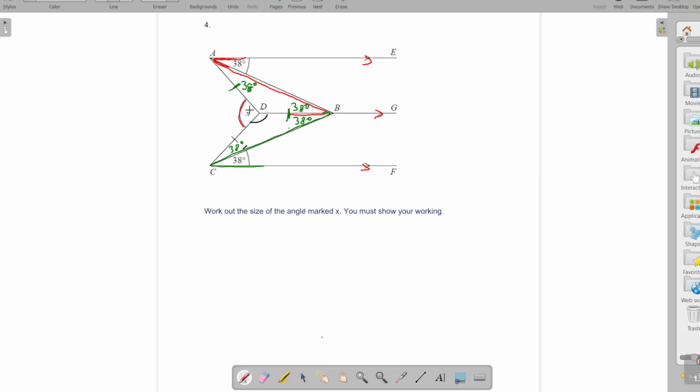So that we can find the x. So let's write it down. So we will say angle ABD is equal to angle CBD. They are all 38, alternate angles.